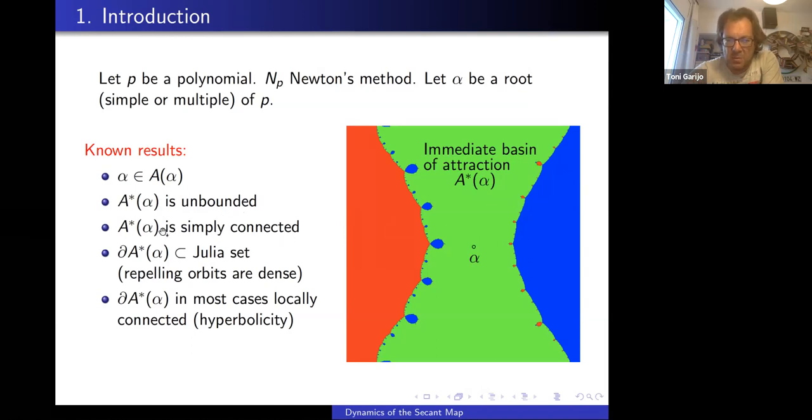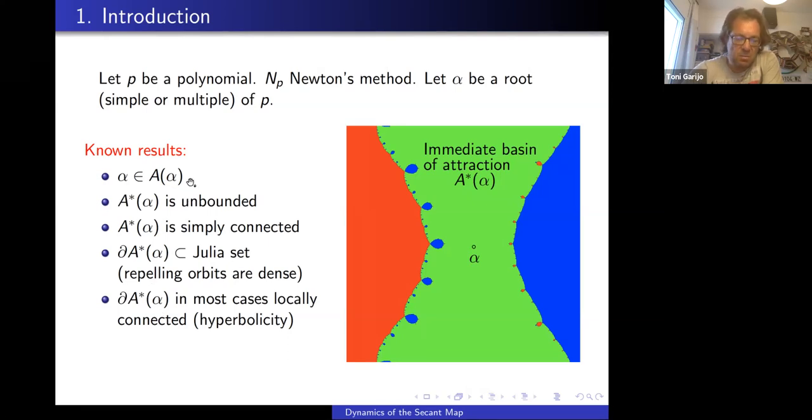Also, the immediate basin of attraction is simply connected, and the boundary of the immediate basin of attraction of any of the roots is part of the Julia set, where repelling orbits are dense. In most cases, for example assuming hyperbolicity, the boundary of the immediate basin of attraction is locally connected.